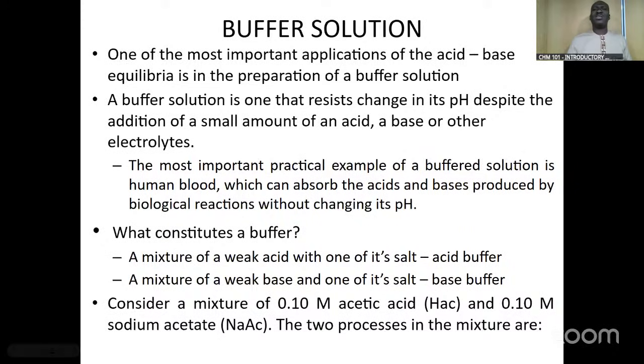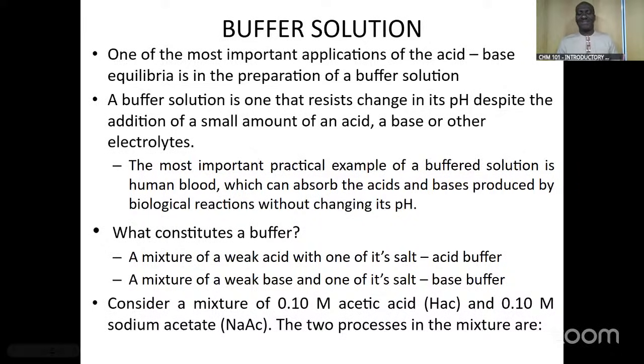We eat all manner of things, and yet the pH of the blood remains essentially constant without any change. Should there be any change in the pH of your blood, something is wrong. An imbalance has taken place.